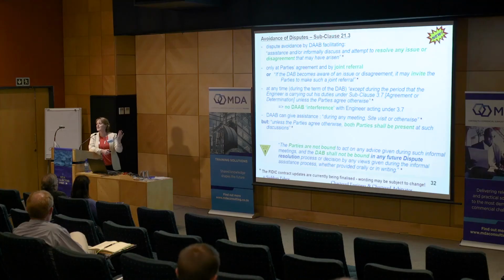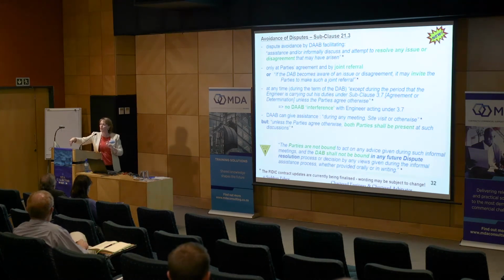Don't get involved in separate meetings with one party, whether you're a DAB member or a party, because if the same issue then goes on to become a dispute, it leaves it too open for one of the parties to claim that the DAB is not impartial any further. They've gotten information in that private meeting that you didn't have access to.